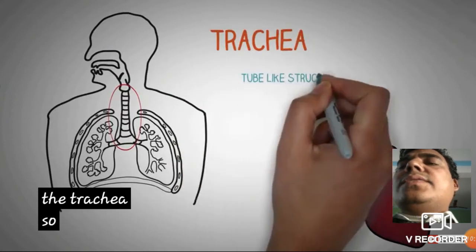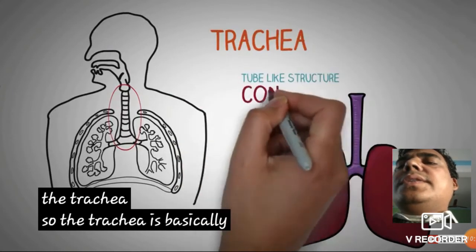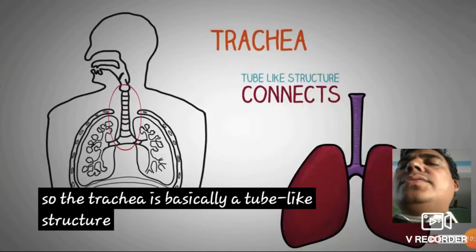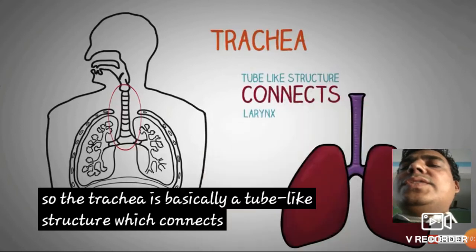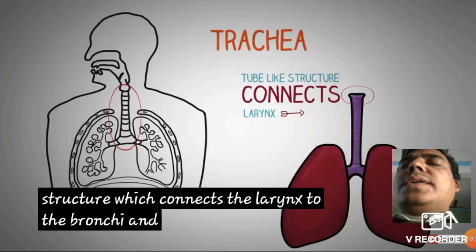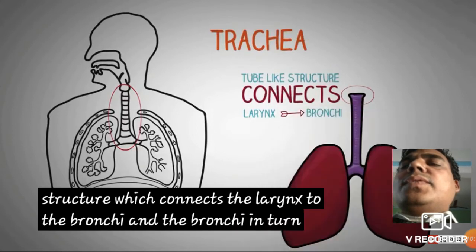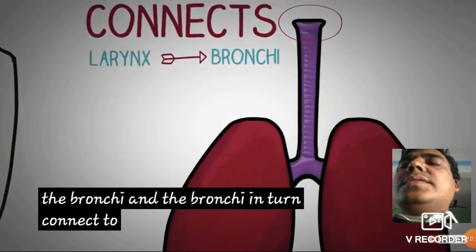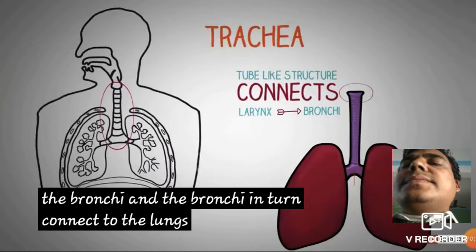So students, let's talk about the trachea. The trachea is basically a tube-like structure which connects the larynx to the bronchi, and the bronchi in turn connect to the lungs.